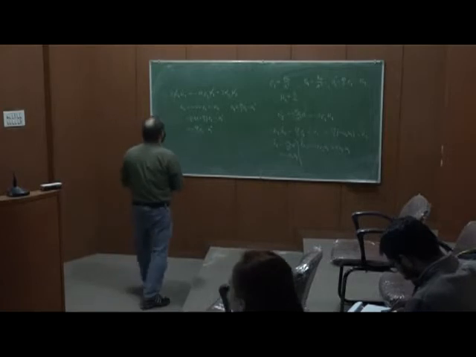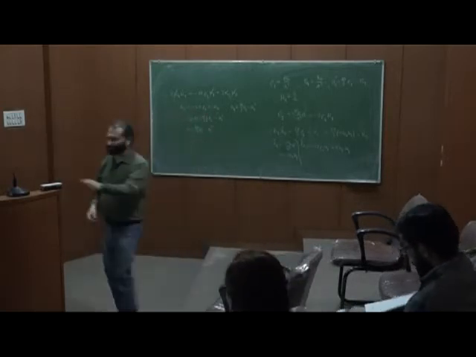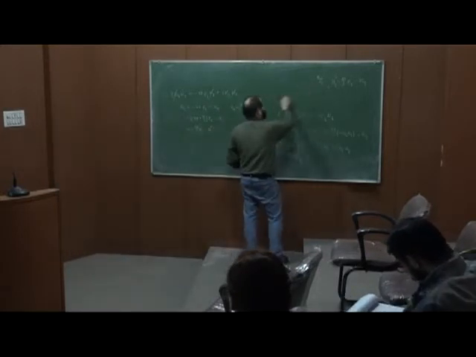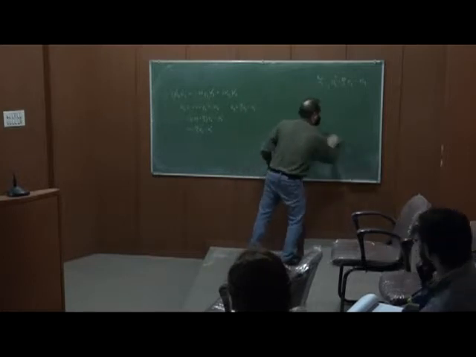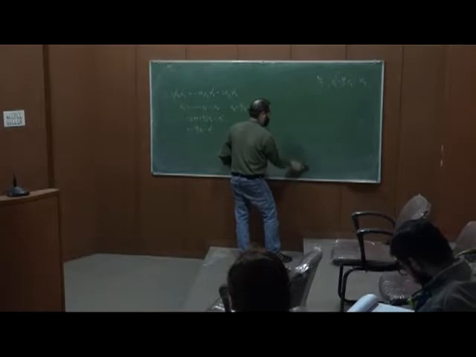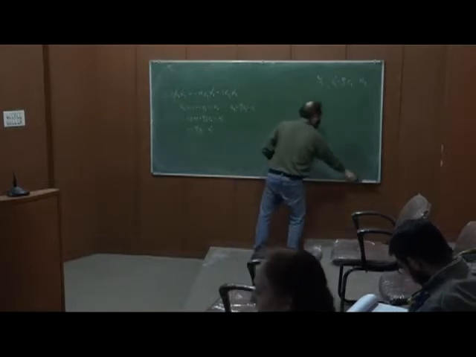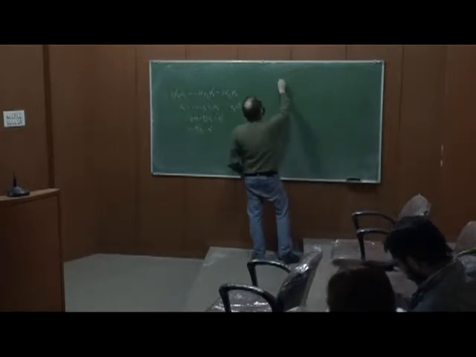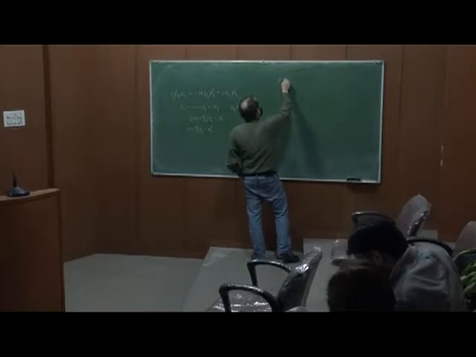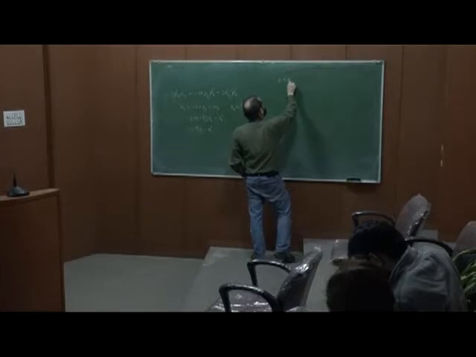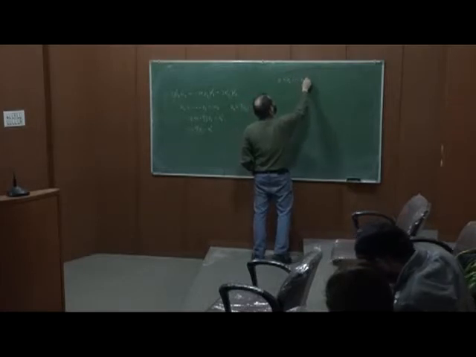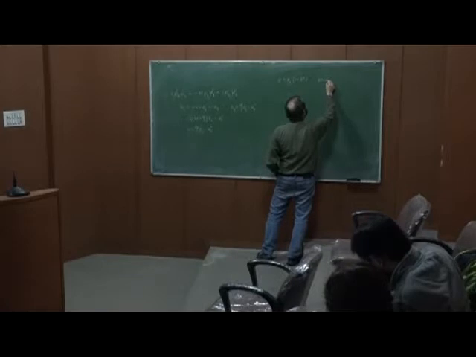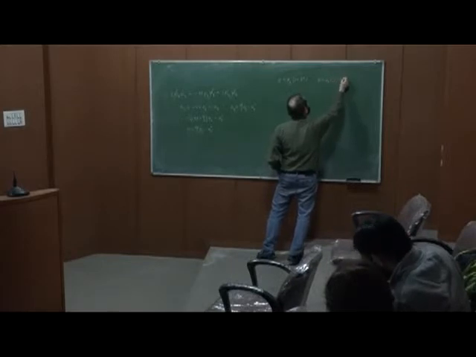So, as a summary, we have rho equals rho q times 1 plus delta rho, and we also have h equals hq times 1 plus delta h.